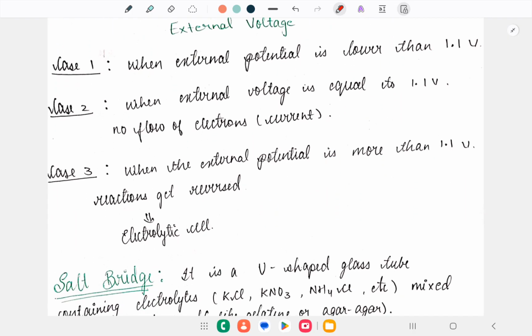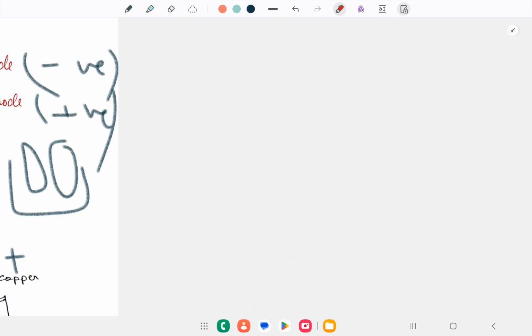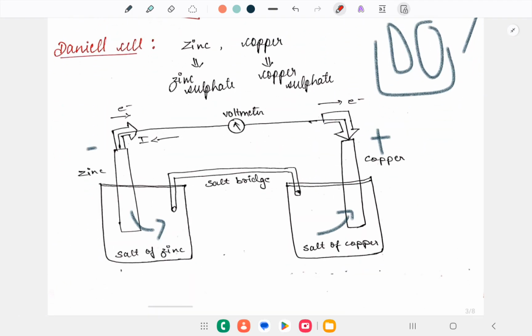So in that case it will become an electrolytic cell. The electrochemical cell will become an electrolytic cell, and now the flow of electrons will be from copper to zinc, and therefore zinc will get deposited while copper will be depleted. It works quite opposite to the electrochemical cell.